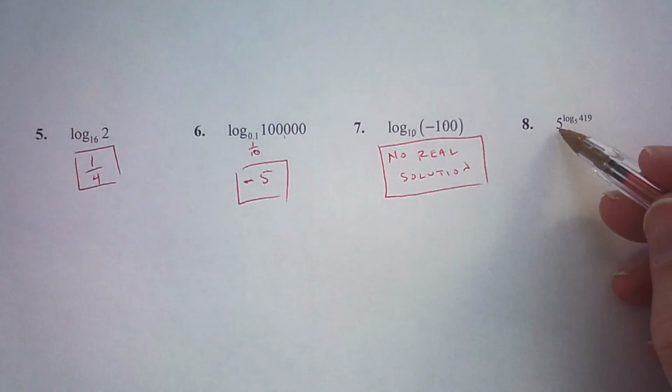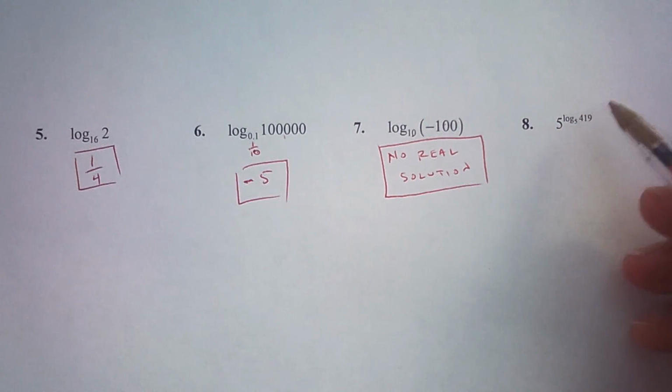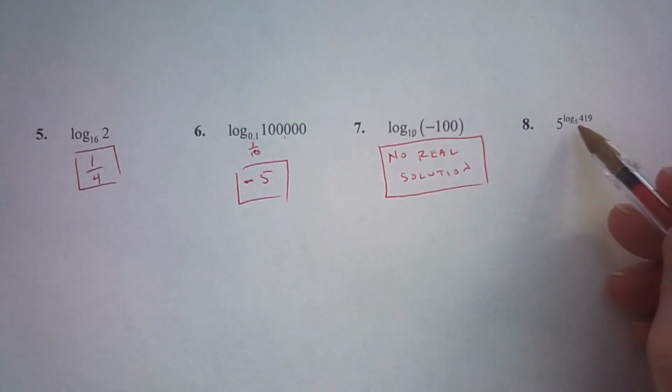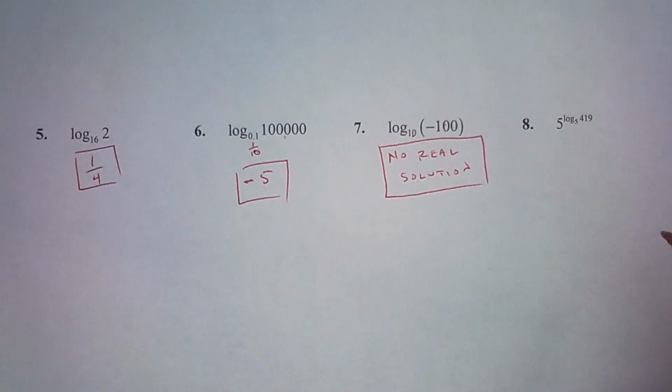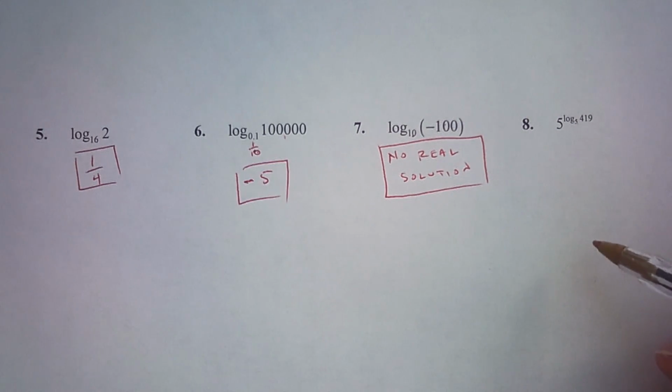And last, we have 5 raised to the log base 5 of 419 power. So it's 5 raised to whatever power raises 5 to 419. Remember, this log right here is saying 5 to what power makes 419. Off the top of my head, I don't know what that power is that raises 5 to make 419.